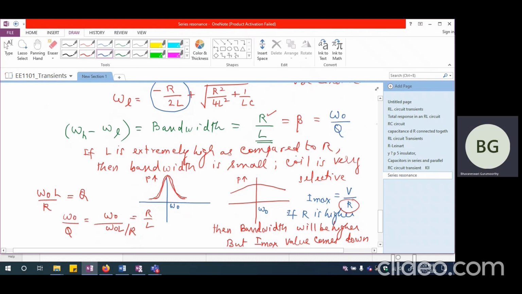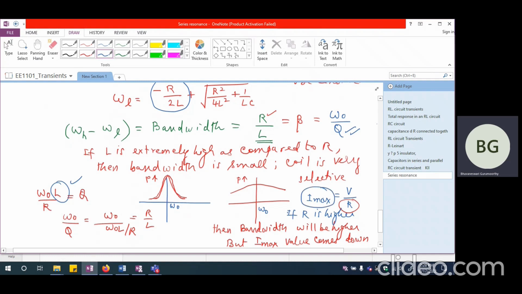So if I have a coil whose quality factor is very good, that means the inductance is going to be high. In that case, the bandwidth is going to be low and the coil is going to be selective. So in general, if the coil is selective, the power transferred to the load is also going to be good because Imax again will be of a good value.